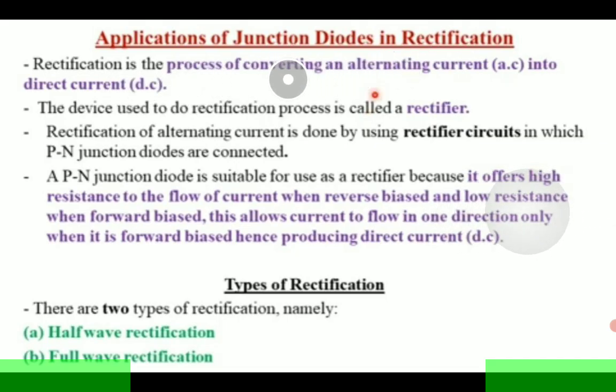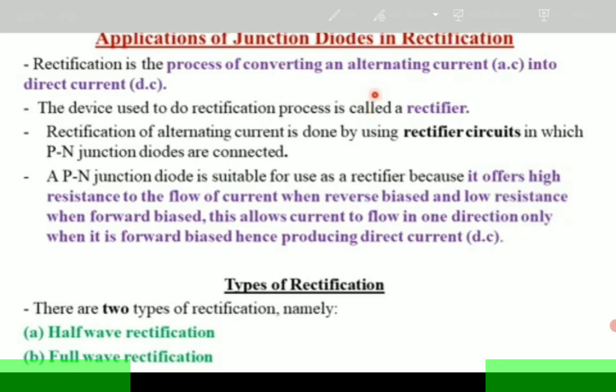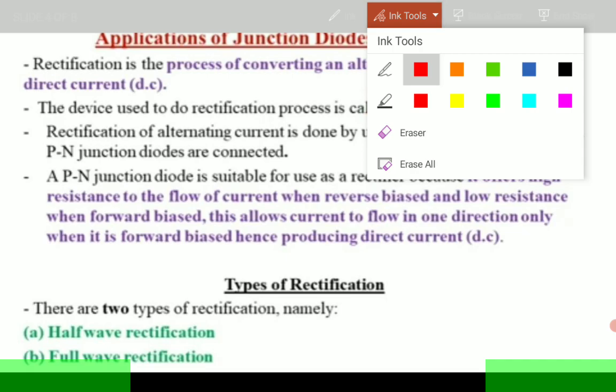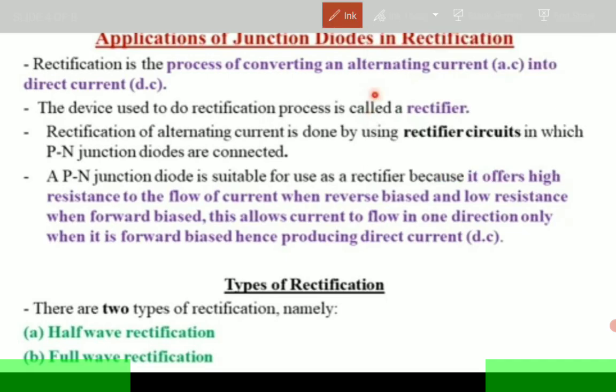But what is an alternating current? Okay, in case you are asking that, an alternating current is current which flows in two directions, namely in negative direction as well as positive direction, either way, positive direction and negative direction, like this.